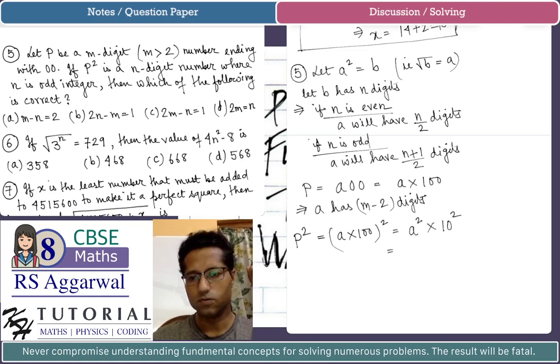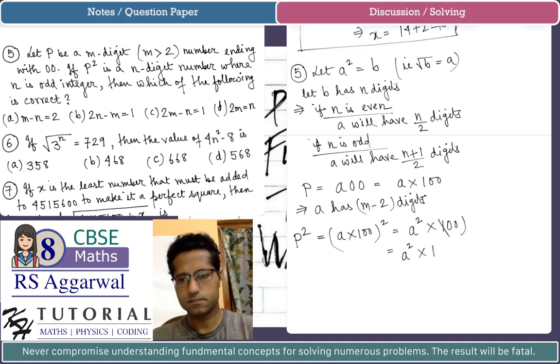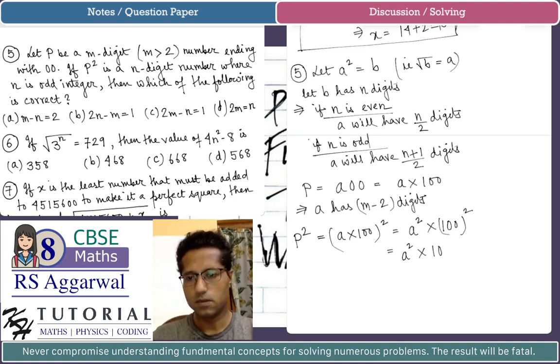This is equal to A square multiplied by 10 to the power 4, because 100 is 10 square. So basically this is 100 square, so this is 10 to the power 4.